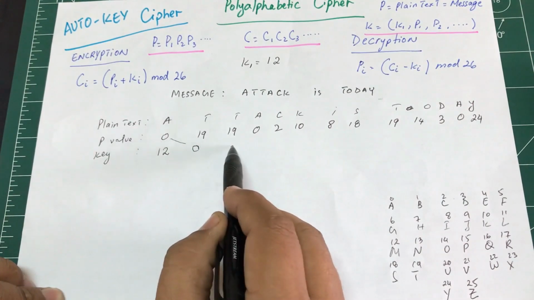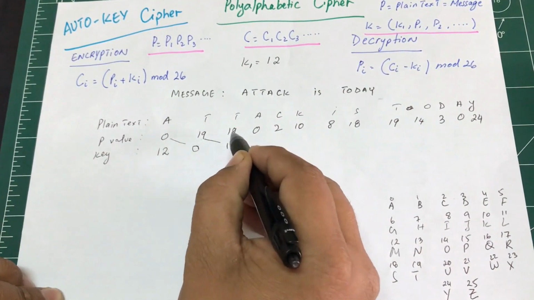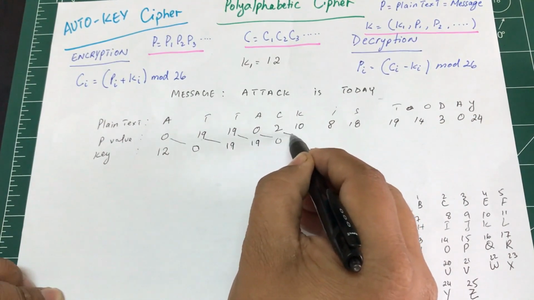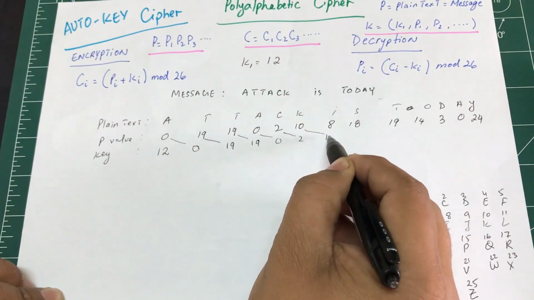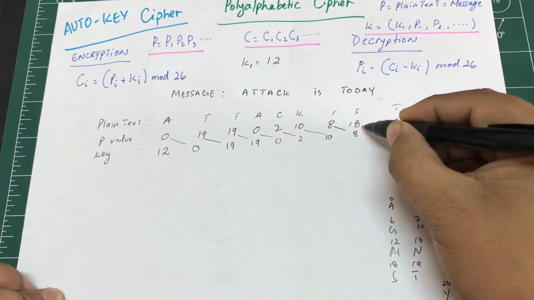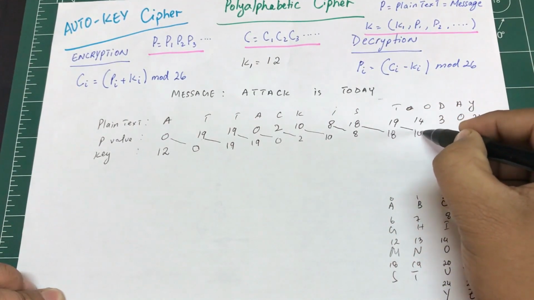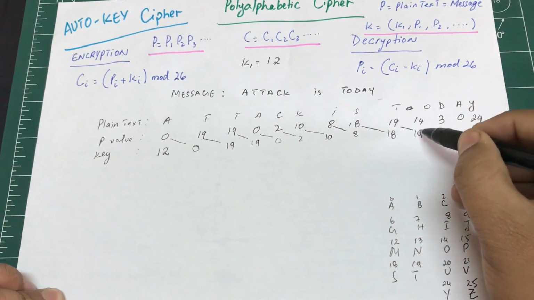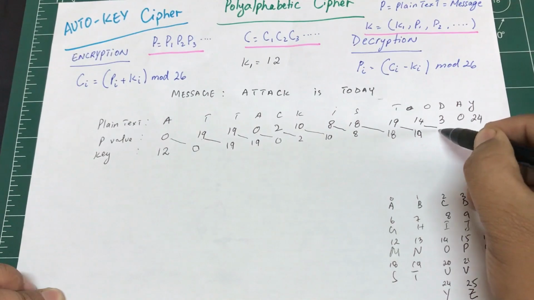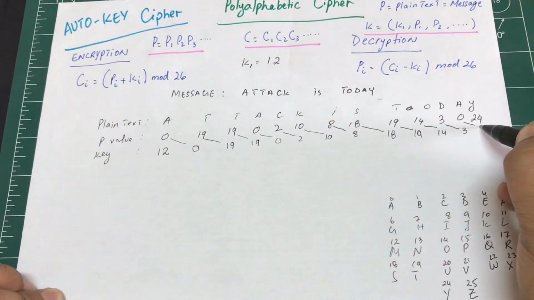The key for this one is going to be P2, 19, then P3, P4, P5, P6, P7, P8, P9, P10, P11, and P12.